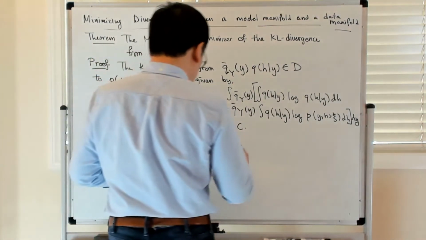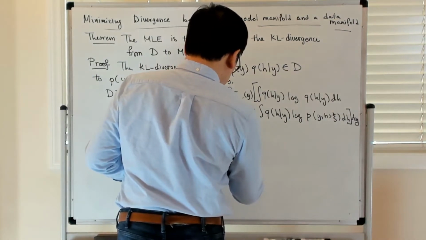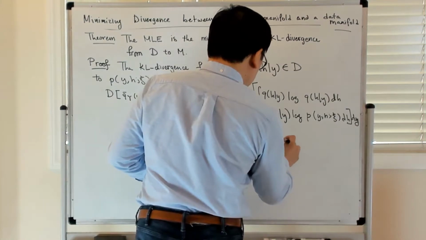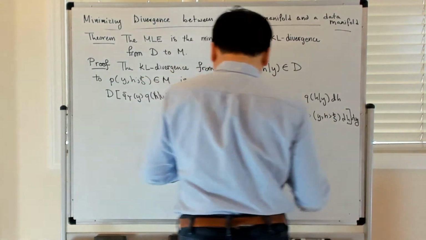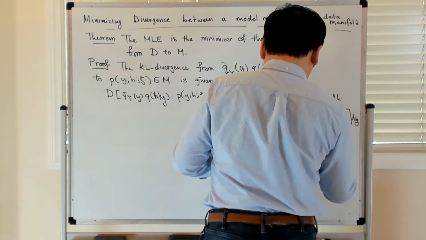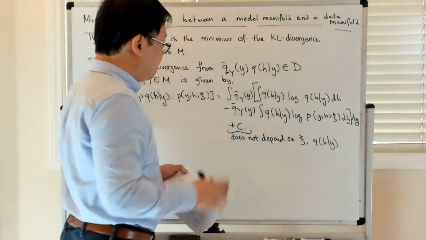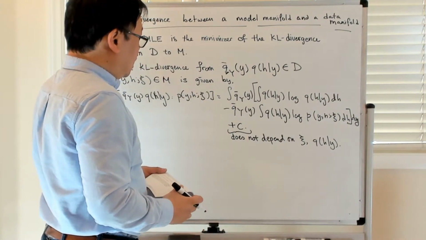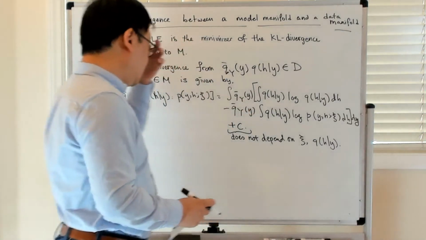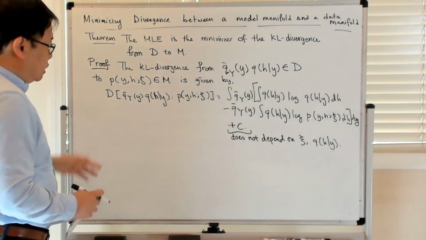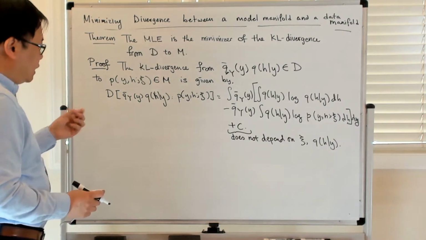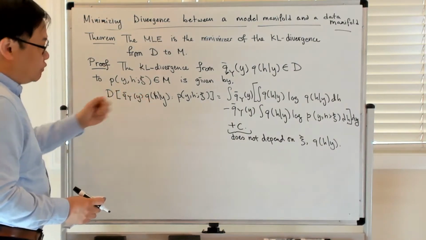does not depend on c or q h conditioned on y. All right. Yeah, so it basically depends on this q bar y term, right? So it's the same term for every point in the data manifold, so it doesn't really matter.